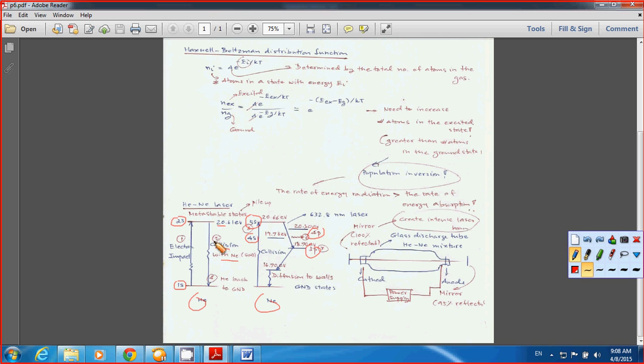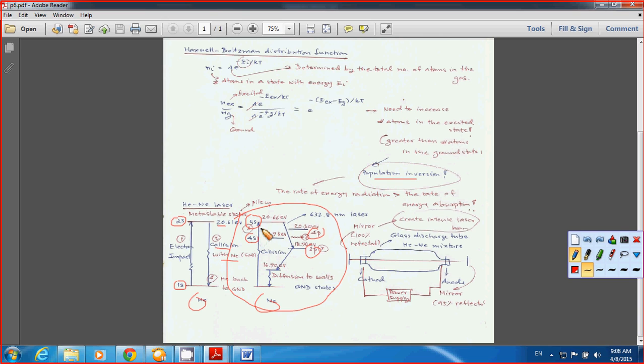And then when neon collides with the helium, it's going to absorb some energy and be excited to the energy level of 20.66 electron volt, or the energy level 5s. After that, finally, helium goes back to the ground state, and this is very crucial. That's how you get the population inversion.